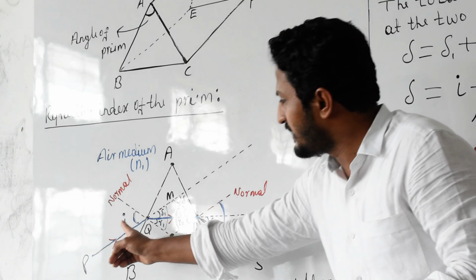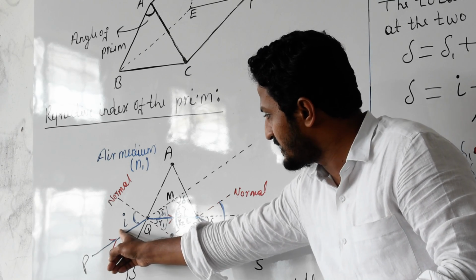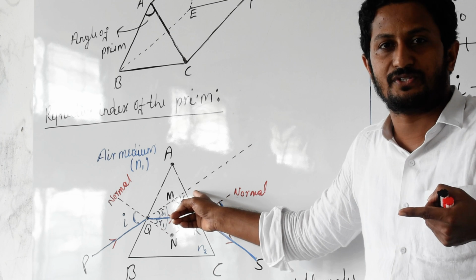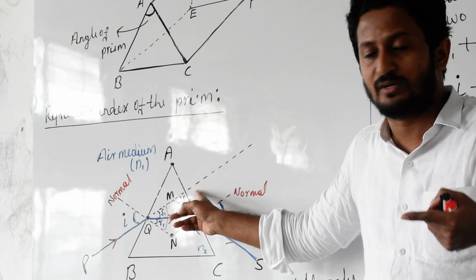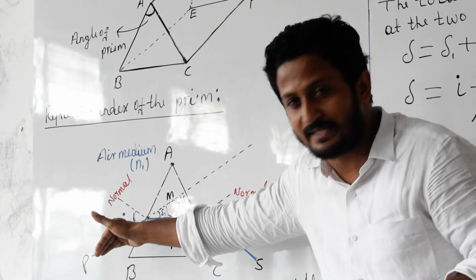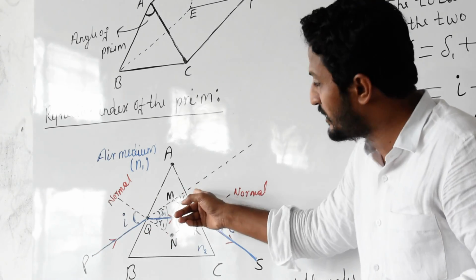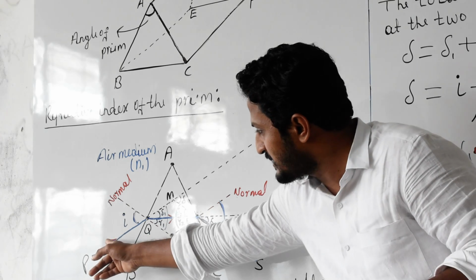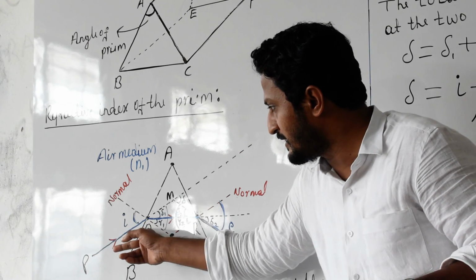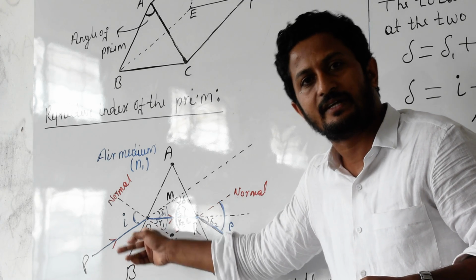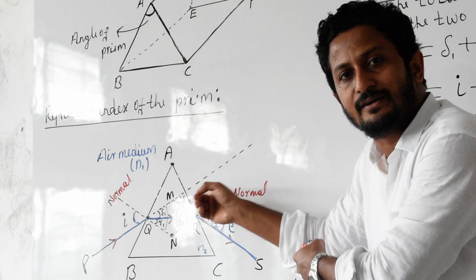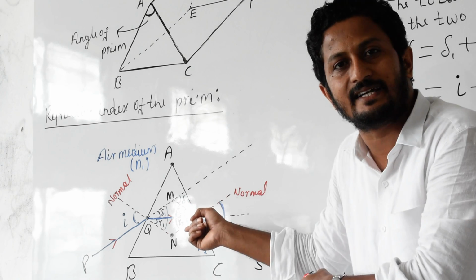Here this is the angle of incidence, and for that you got some angle of deviation. If you imagine light going the other way, you get the same delta. It means with whatever angle the light was incident on the prism, with the same angle the light enters the prism from this side.